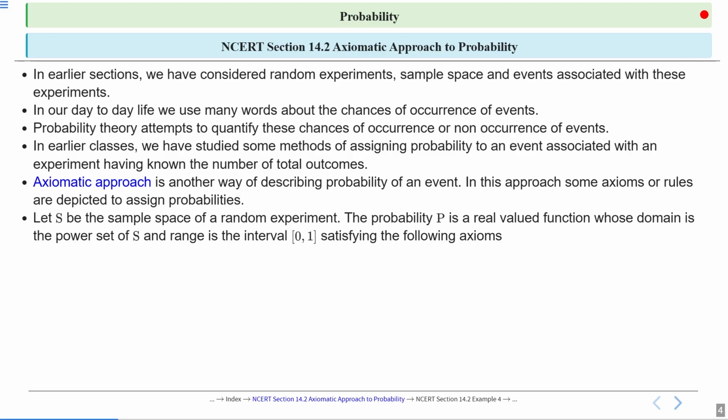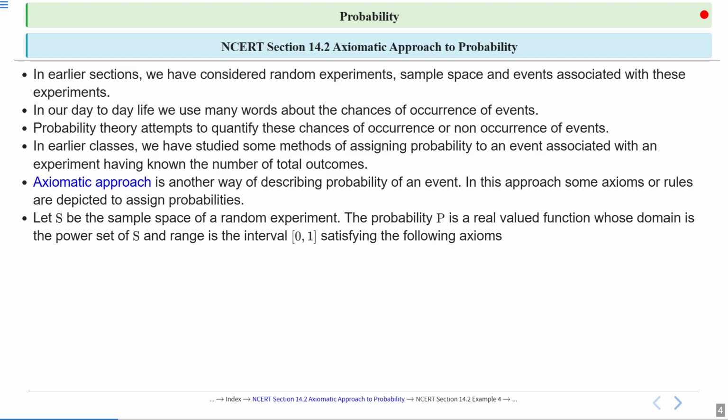It is an experiment where we don't know in advance which outcome will come, but we know all the possible outcomes of that experiment. This type of experiment is called a random experiment. So we let S be the sample space of a random experiment.